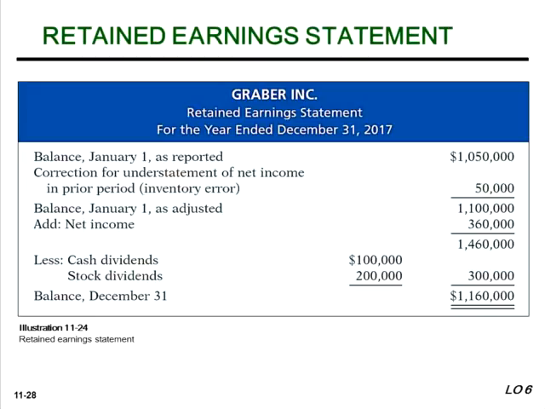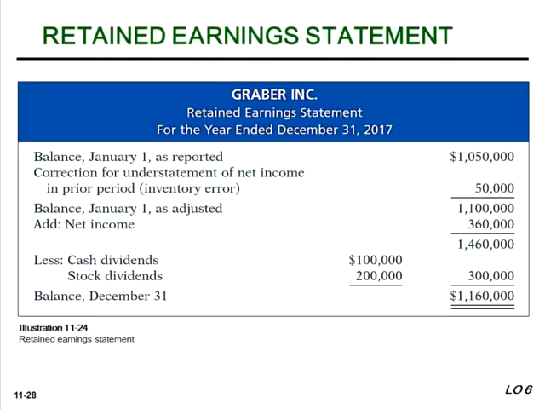To that, we add net income. And that gives us a subtotal of $1,460,000. We then subtract dividends. We have cash dividends of $100,000, stock dividends of $200,000.